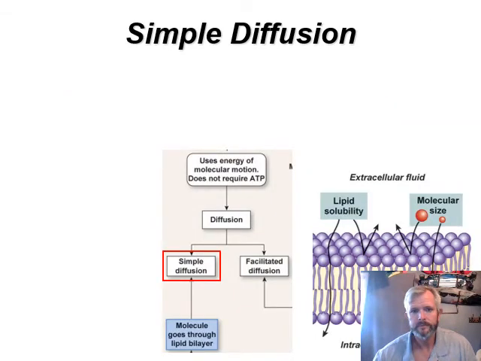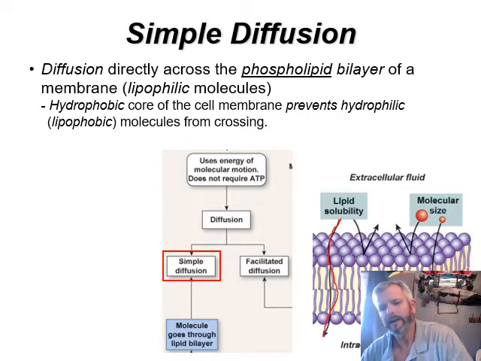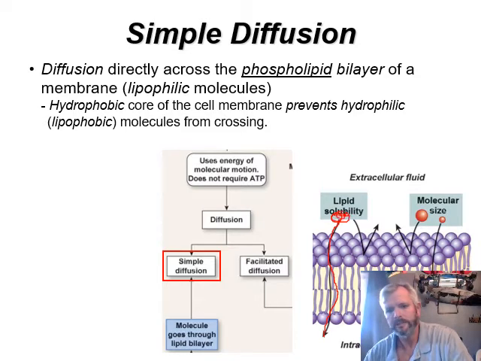So remember, lipid-soluble molecules can move directly through the membrane. Since this molecule is moving from here to here, where do I have higher concentration of, say, let's put a molecule here. This molecule is moving through the membrane.